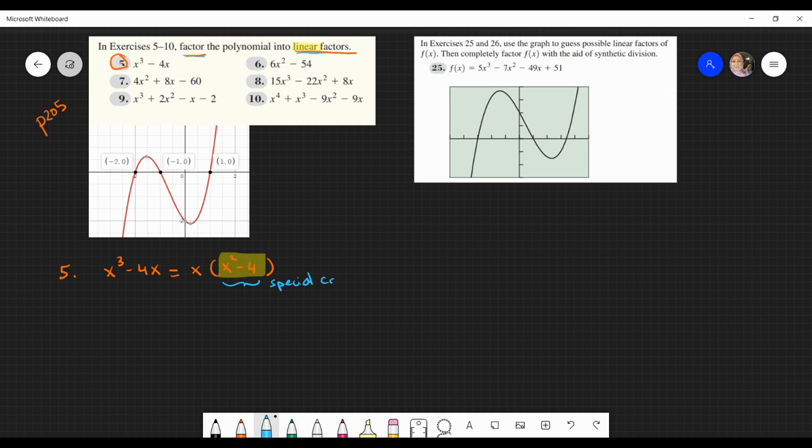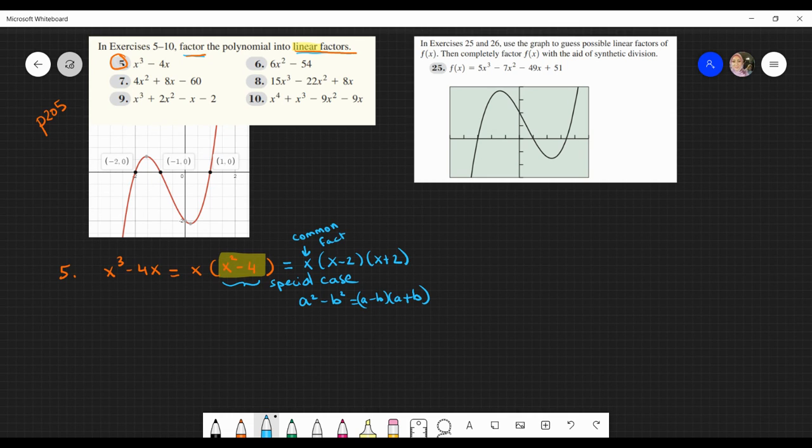It's a special case, which is a squared minus b squared, the difference of squares. And the way we factor this, it's a minus b times a plus b. So if I factor this, I should get x minus 2 times x plus 2. And of course, I should keep the common factor that I figured out before on the front of this.